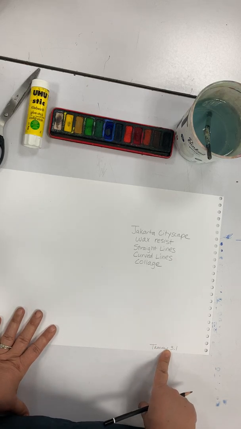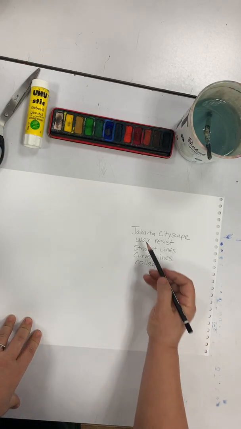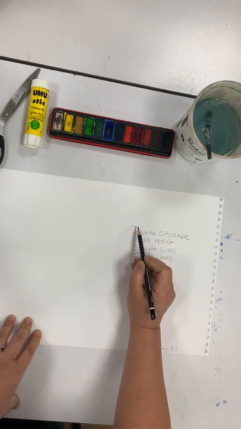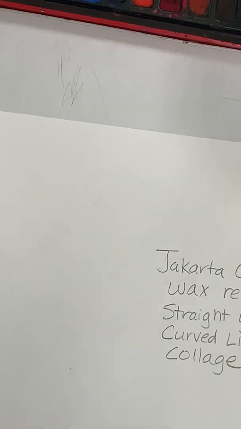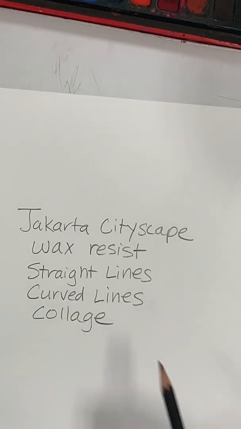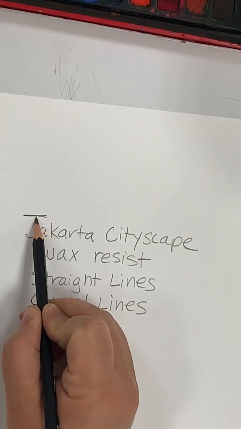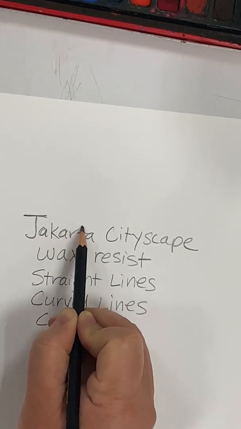And here are the vocabulary words. We have 5 today. The first one is Jakarta Cityscape. It could be any city, but because this is where we live, we will call it our Jakarta Cityscape.